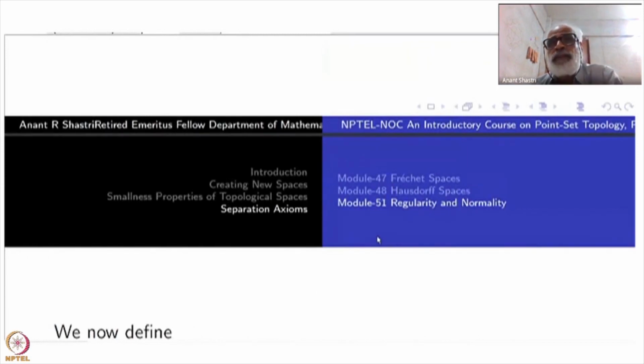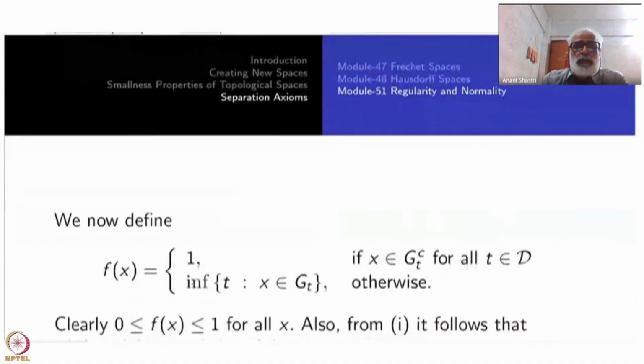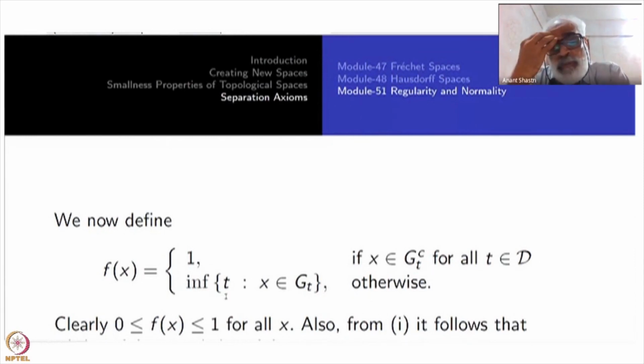G_t bar itself is inside B complement. So if x is not in this, that is, x is inside the G_t complement, then I am defining it as 1. Otherwise, I will define it as the infimum of all t such that x is inside G_t.